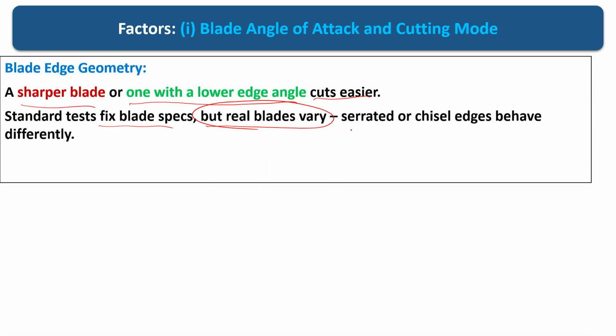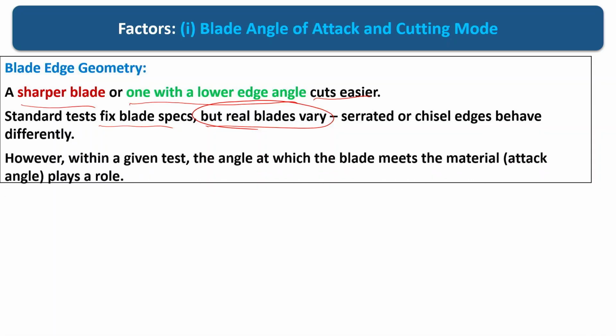So, a serrated type of blade behaves entirely differently. However, within the given test, the angle at which the blade meets the material plays a role. So, angle of attack is important.